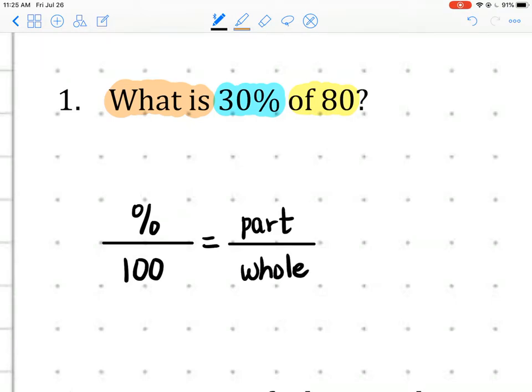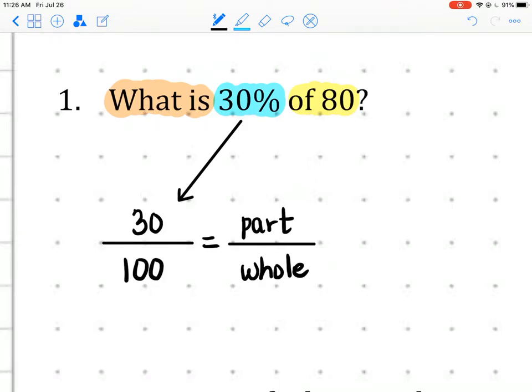Okay. So I know the 30% is the percent, right? That's this part. So I'm going to take out this, and in its place, I'm going to put my 30. Because remember, 30%, what is that as a fraction?